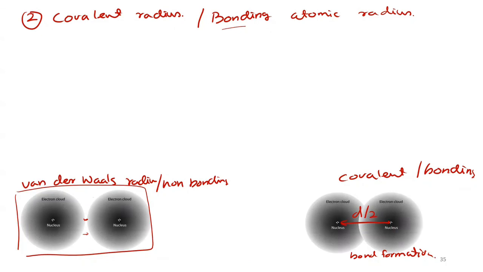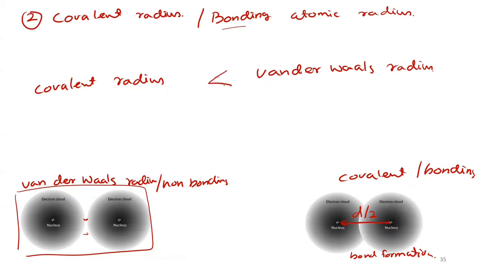Now, what do you think when you compare the covalent radius and the van der Waals radius? Which one should be larger?